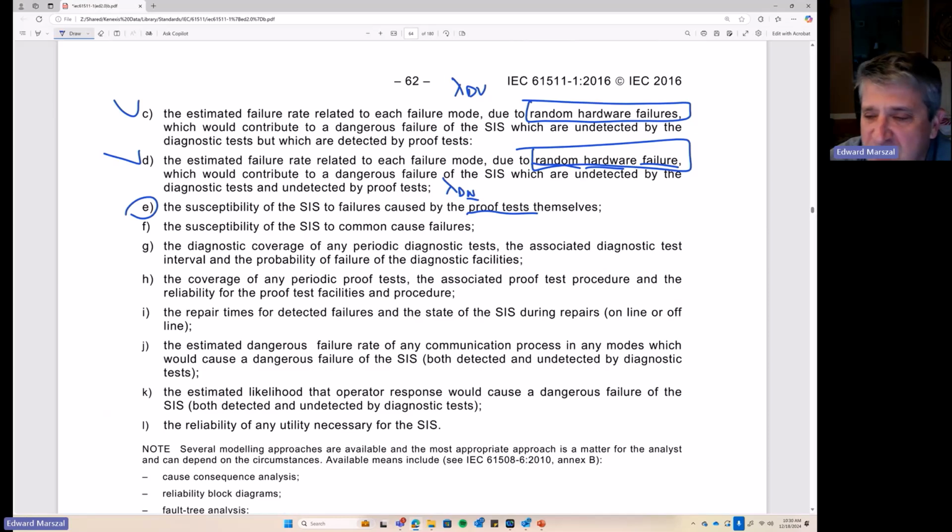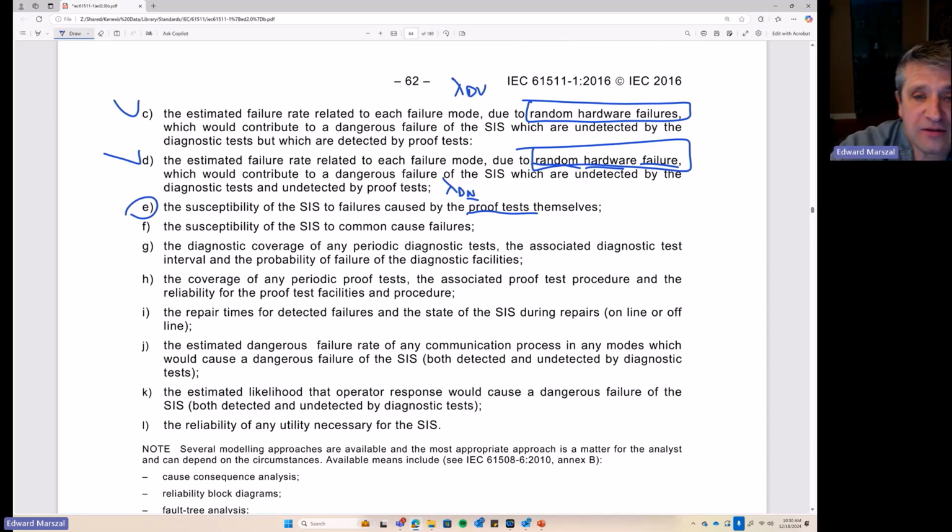Or, another one to think about, especially with regards to never detected failures: if I test my float level by sticking a 2x4 into my vessel and lifting it up, there's a chance that I could break the device with my 2x4.